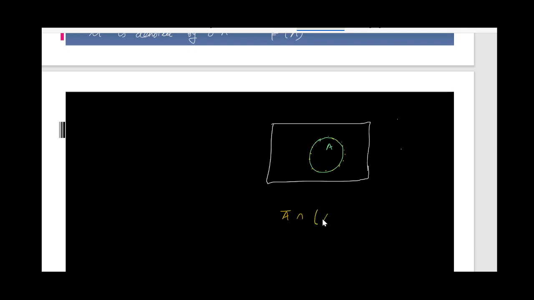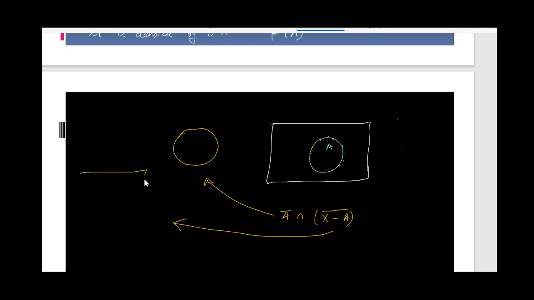Intersection with, I will go for X minus A closure. So X minus A closure means these portions, right? Now take the intersection of A closure and X minus A closure. So exactly you will get this one. That means A closure means you will get the circular part with this boundary, right? Now X minus A closure means you will get this punctured plane, right?